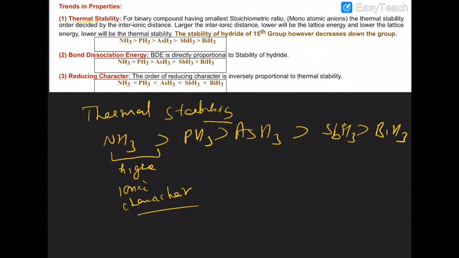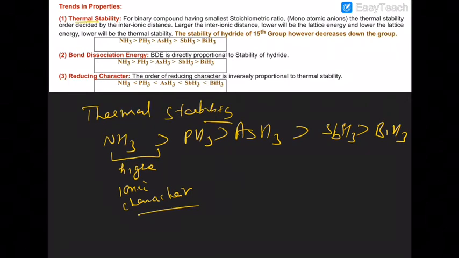So here we can say that in the thermal stability of the hydrides of group 15, the percentage ionic character and the percentage covalent character do matter.